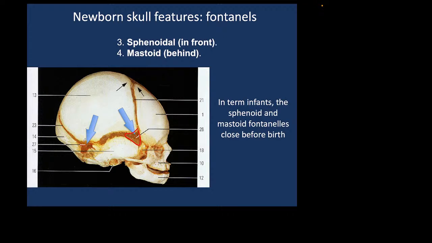The mastoid fontanel is located between the occipital, parietal, and temporal bones. It is named so because here is located the part of the temporal bone called the mastoid process.